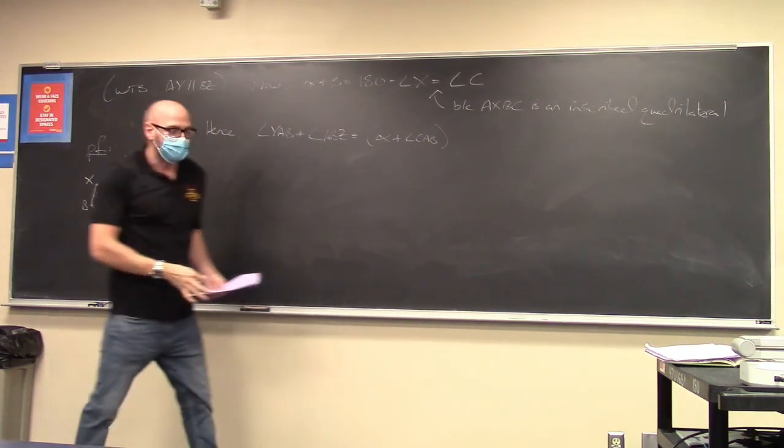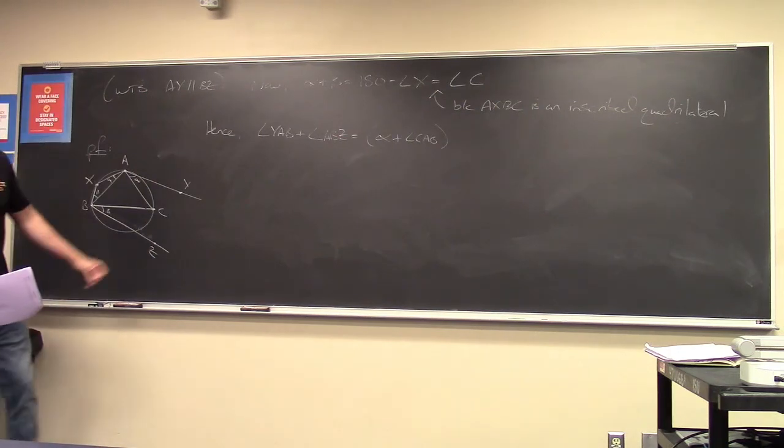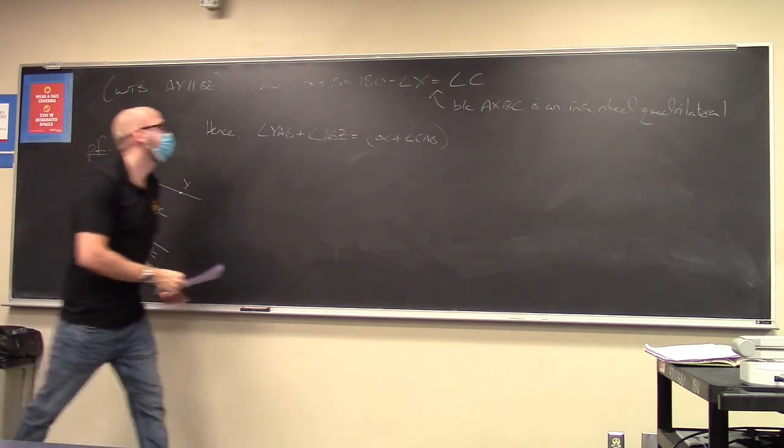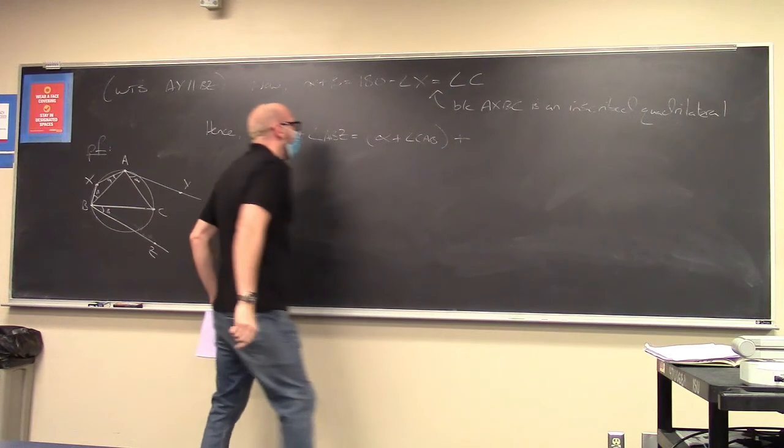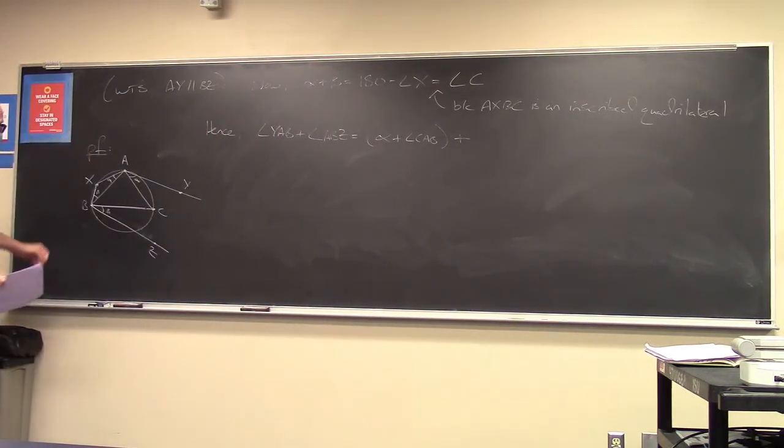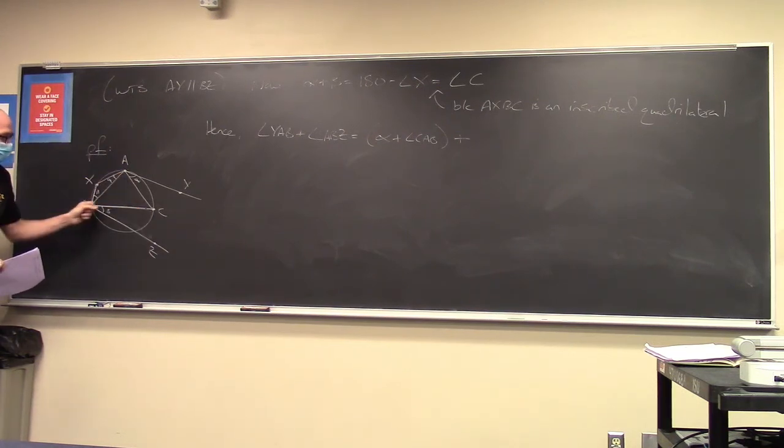The parentheses are redundant, but I think it helps illustrate the fact that that's the first term. Same thing with angle ABZ. Angle ABZ, I can break that into two pieces.